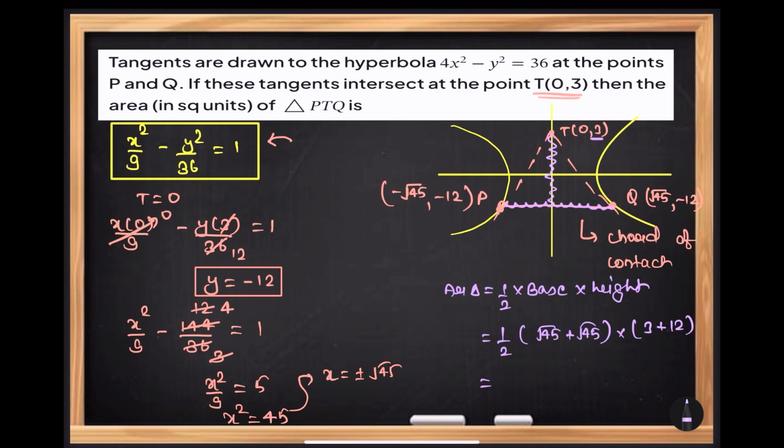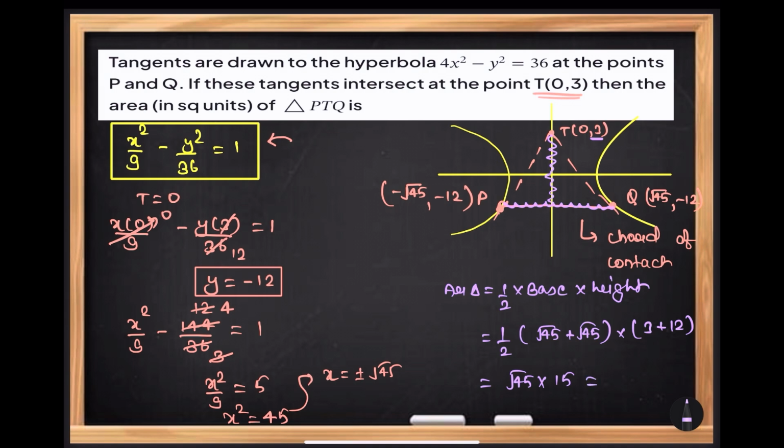Okay, so can I say that it is 2 root 45? Okay, so 2 gone, so it is root 45 into 15. Is it okay?